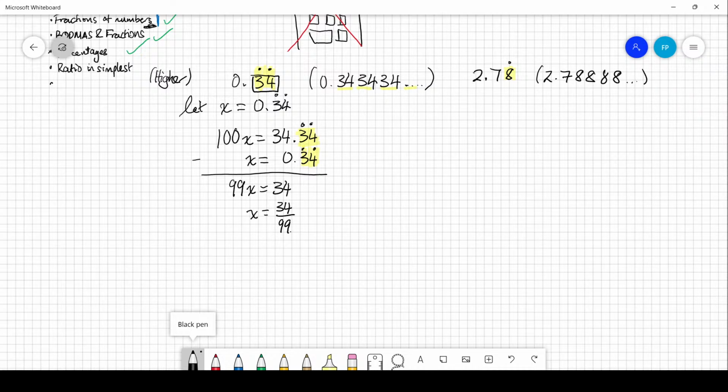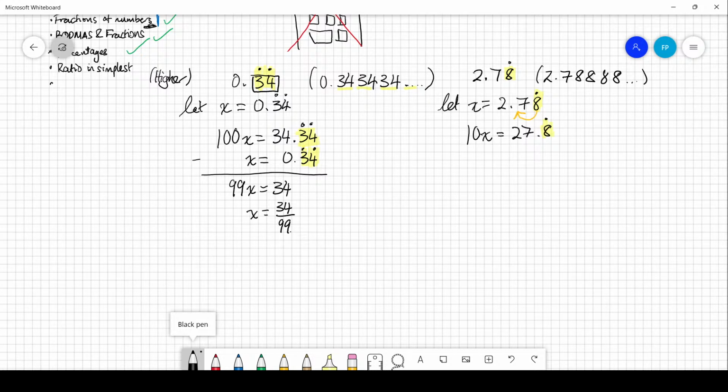This time, we first, again, let x equal that, 2.78 recurring, the 8 recurs. And this time we just shuffle along until we get this recurring bit right up to the decimal. So we'll do 10x equals 27.8 recurring, and we still have that recurring bit there.